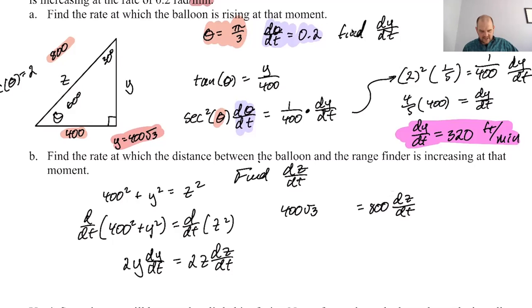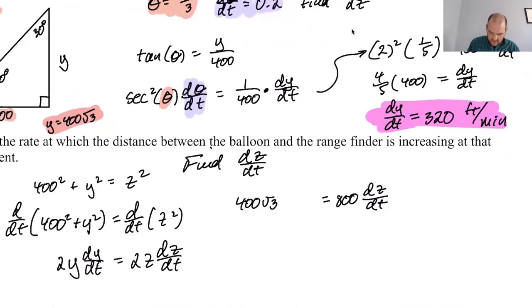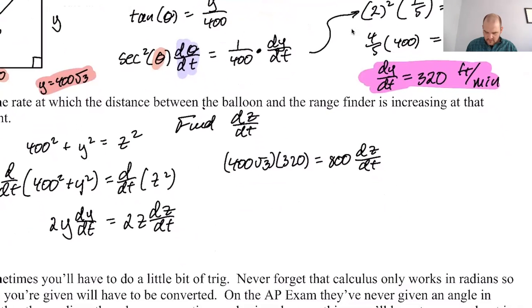Oh wait, dy dt is huge. It's the answer to the last problem. It's 320. So we'll get 400 and then 320 equals 800. Okay, I'm feeling better about this. So dz dt is, all right, 400 divided by 800 is 1/2.